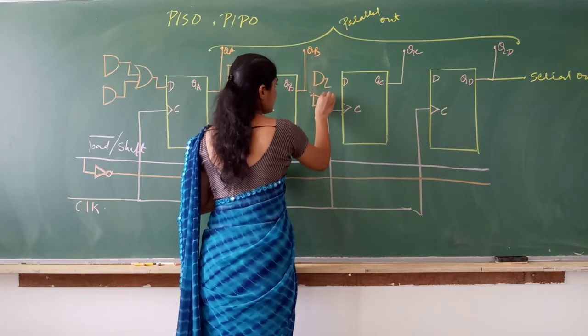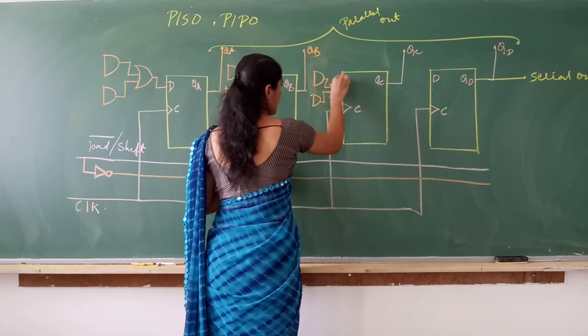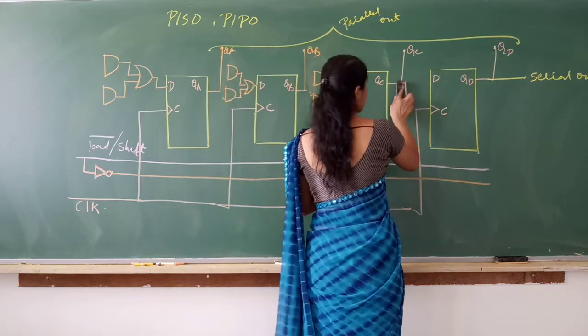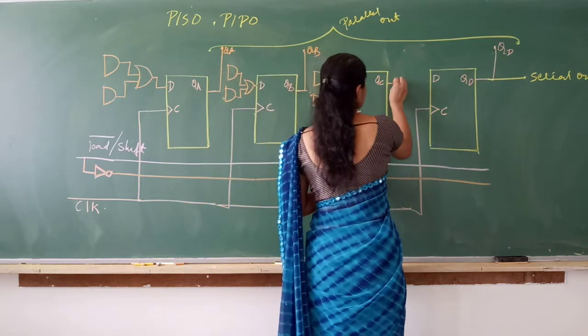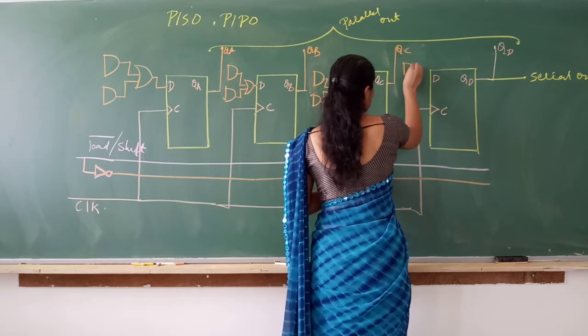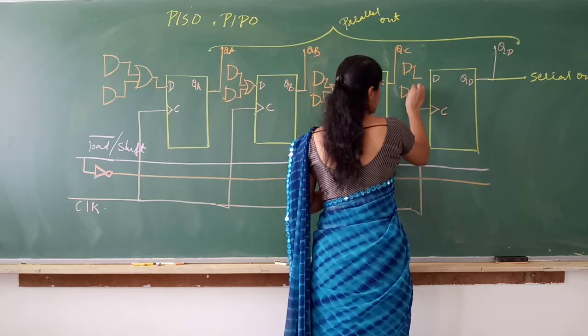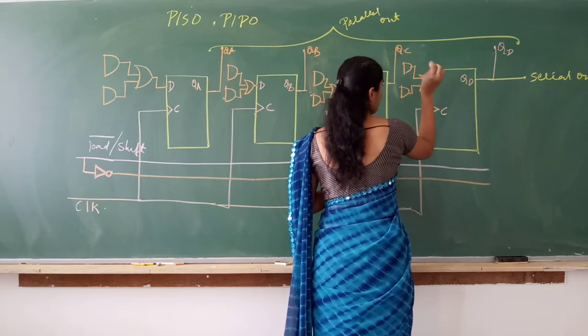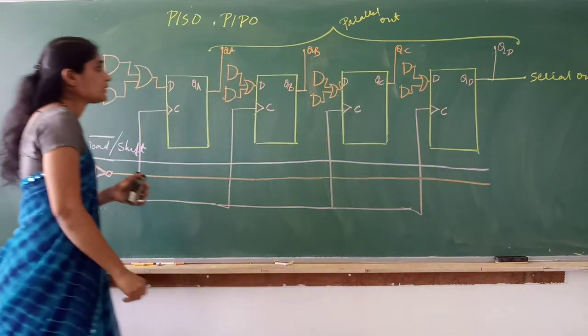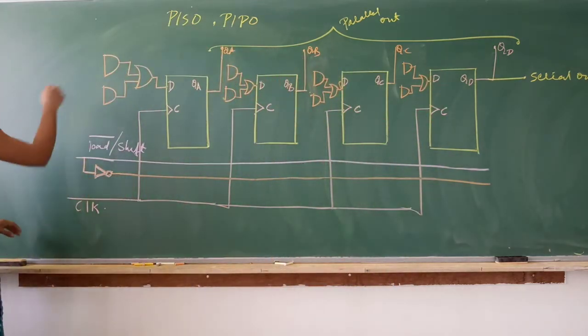The outputs of AND gates are the inputs for the OR gate. Same way here also, two AND gates I take. The outputs of two AND gates are the inputs for the OR gate, and the output of the OR gate is the input of D.